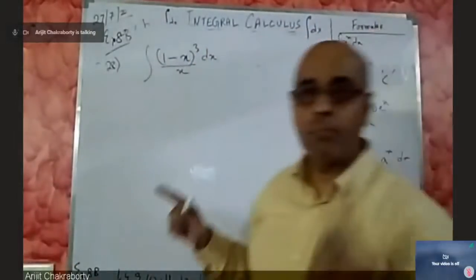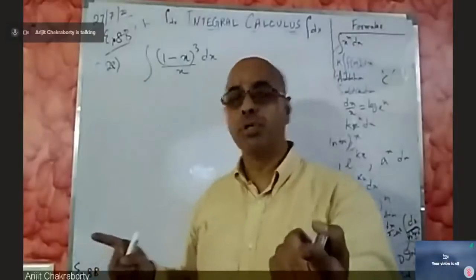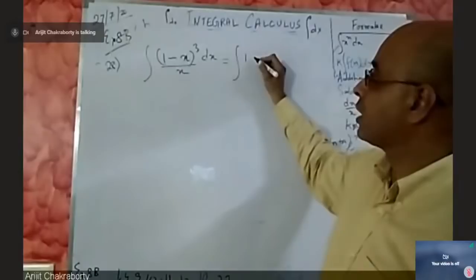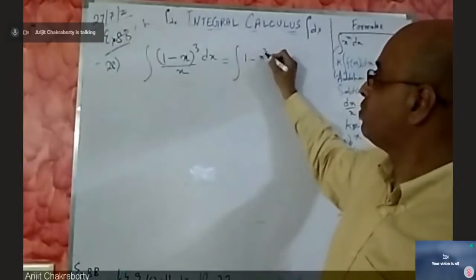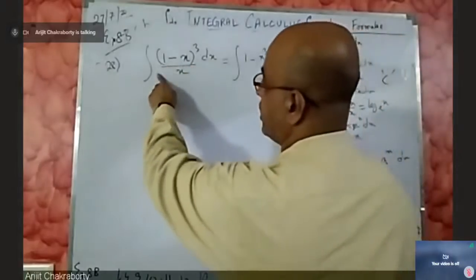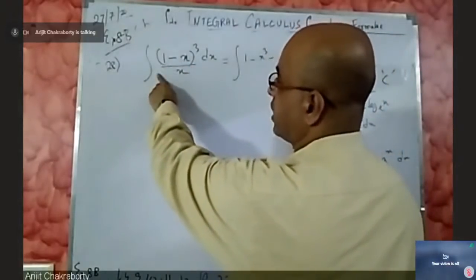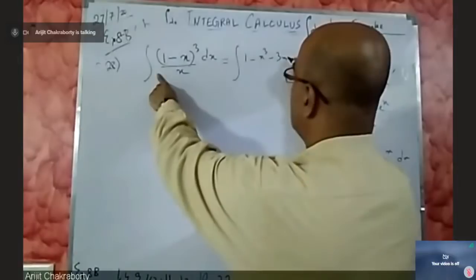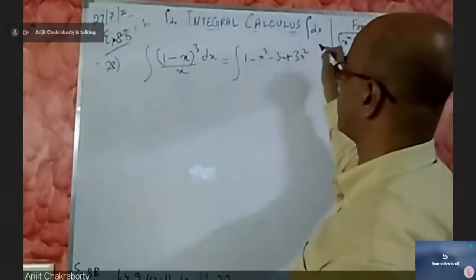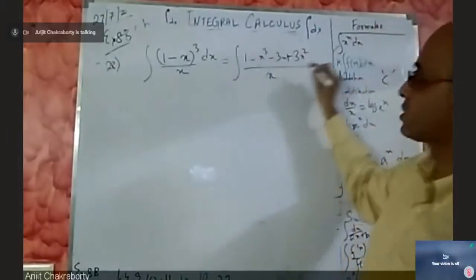This is of the form a minus b whole cube, so this will be equal to 1 minus x cubed minus 3a square b, so 3 into 1 into x, minus 3x plus 3ab square, so minus 3 plus 3x square by x.